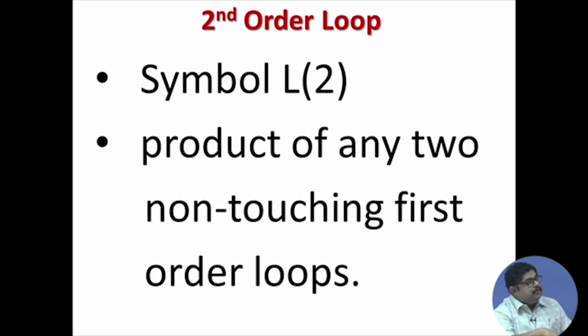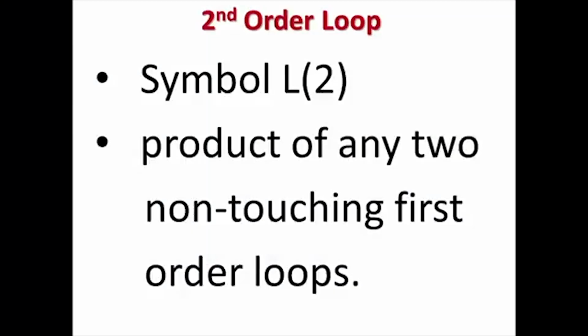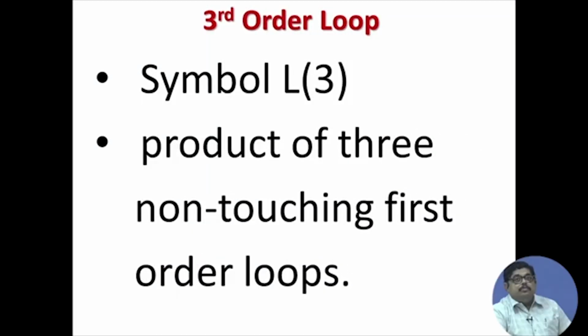So, we will have to identify which ones are touching. If they are touching, they are rejected, but if they are two non-touching loops, then their product is one second order loop. All these pairs we will have to identify and find. Then we have the third order loop, the product of three non-touching first order loops. Like that you can go on to any order.